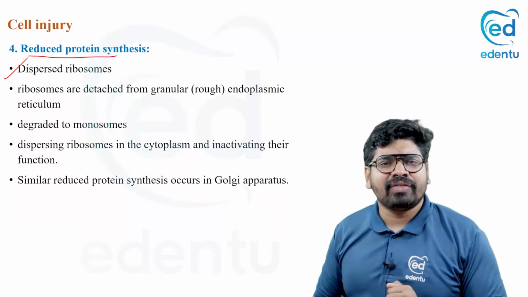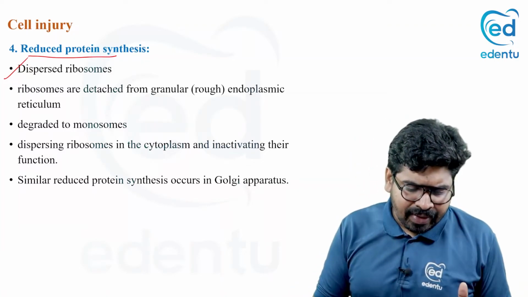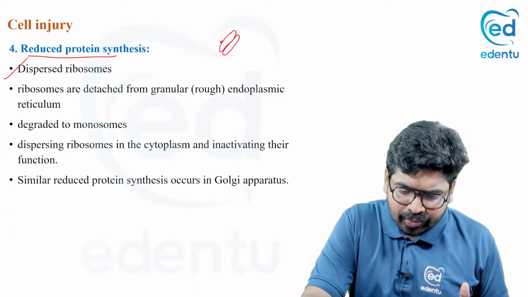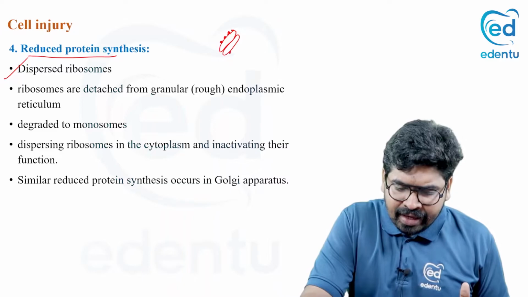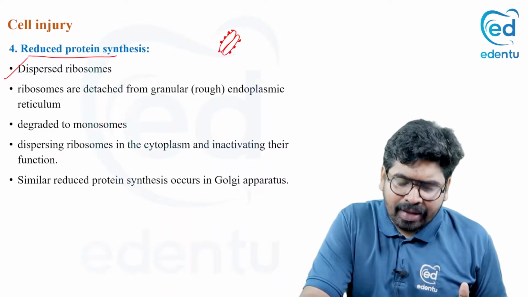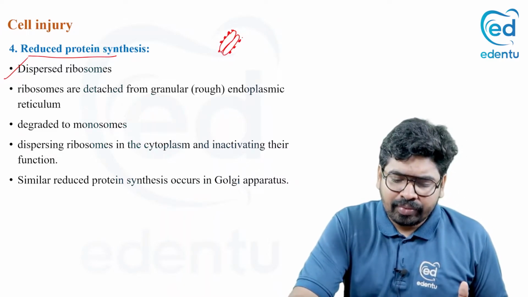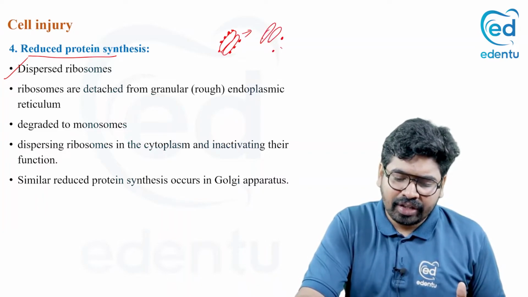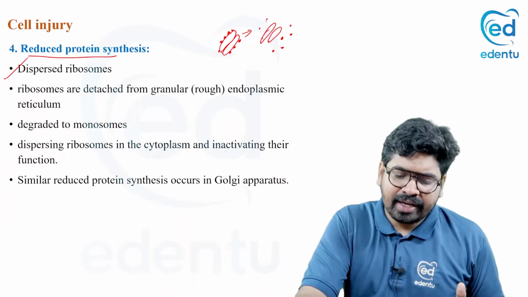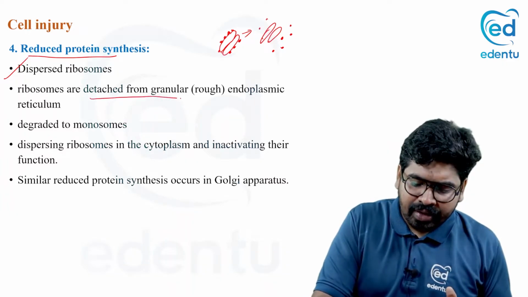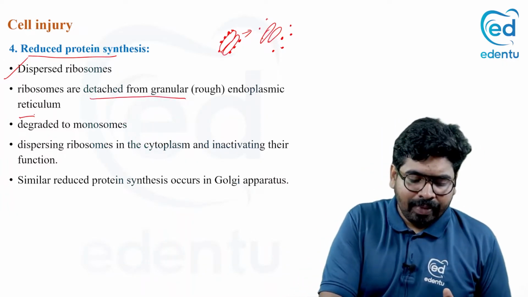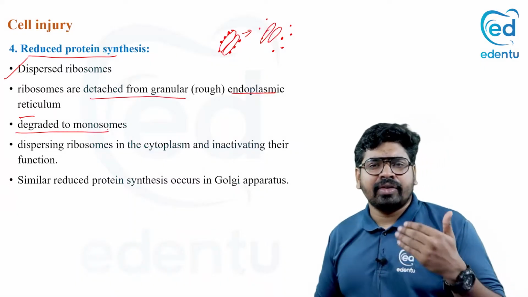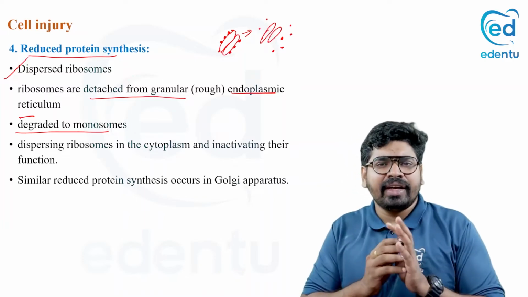The ribosomes, which make the protein, are attached to the endoplasmic reticulum, that is, the rough endoplasmic reticulum. They detach from the rough endoplasmic reticulum and float freely in the cell, and they are degraded by cellular enzymes to monosomes.